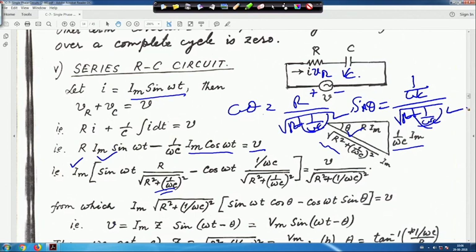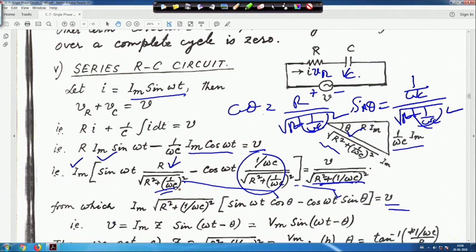So this one can be replaced by cos theta, and this one can be replaced by sin theta. Accordingly, here it is cos theta and here it is sin theta, and this is multiplied by Im into root over R square plus 1 over omega C square, which is equal to V, because this is cross multiplication.